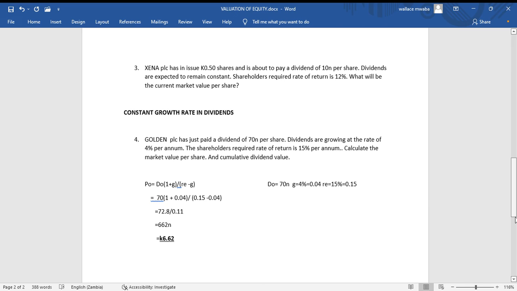But for ex dividend, when you buy the share, you're just getting paid next year. So for the cumulative dividend, we're just going to add this 6.62 kwacha plus 70 ngwe.